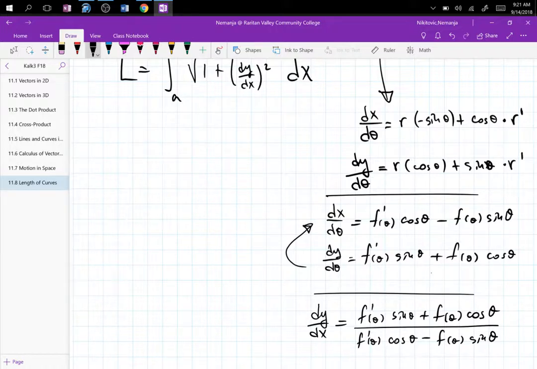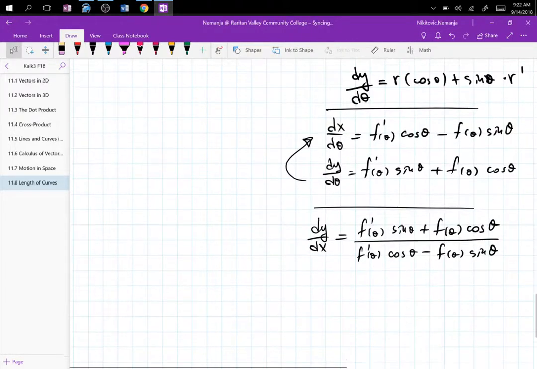Now, we see dy dx in your formula over here. You will multiply d theta over d theta, creating dx over d theta. There it is. Plug everything in, shovel through algebra, and at the end, you have the formula that we need for polar form.